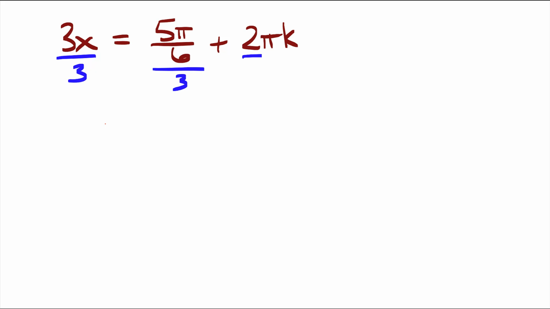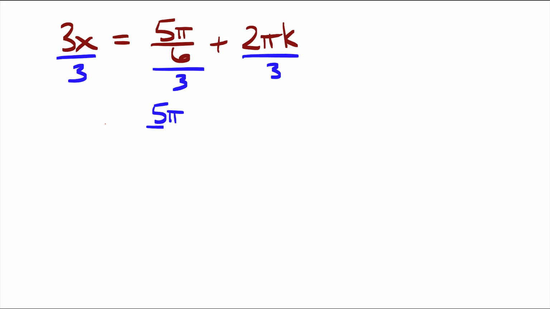I have 3x is equal to 5 pi over 6 plus 2 pi k. Okay, good. Divide by 3, divide by 3, divide by 3, divide by 3.